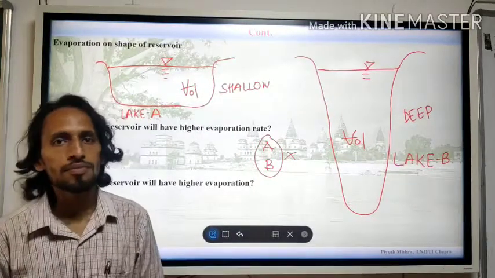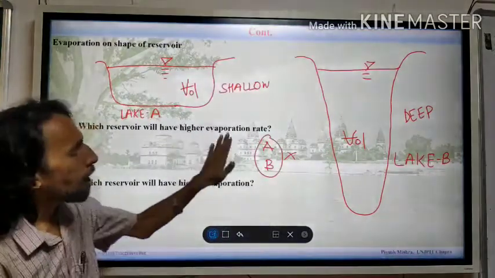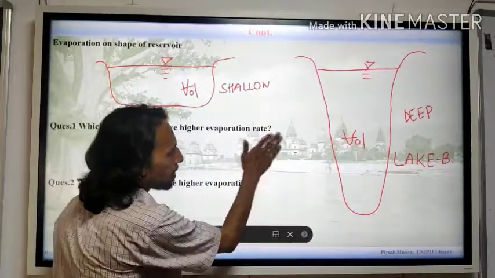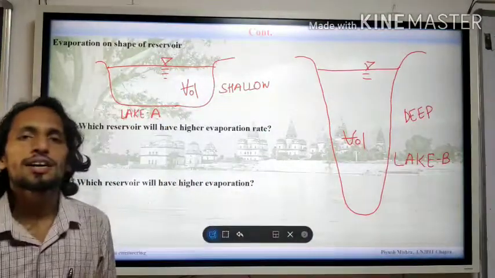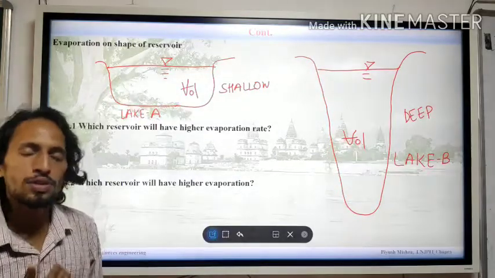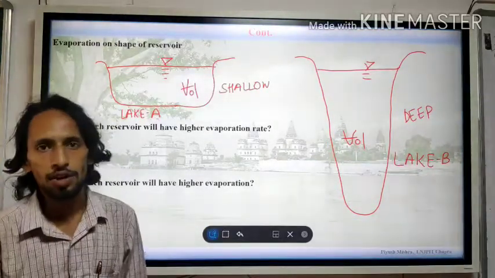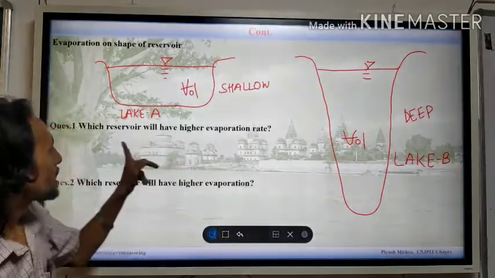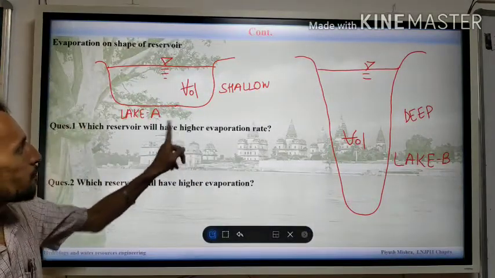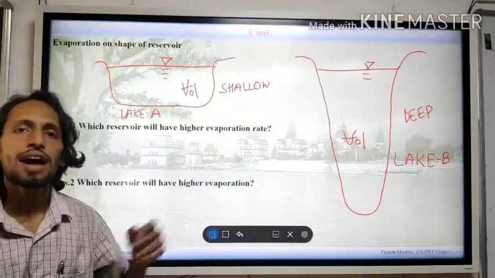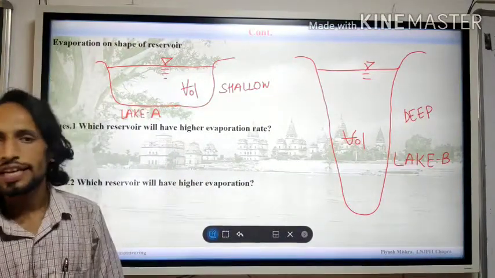Okay, so when I have given you that volume in both, the reservoir is same. Now you can tell your answer: which of the following lake have higher evaporation rate?